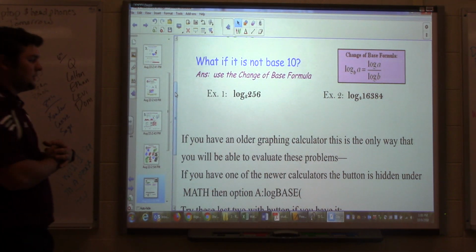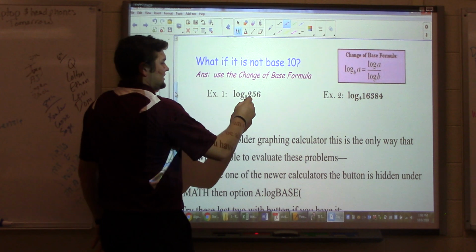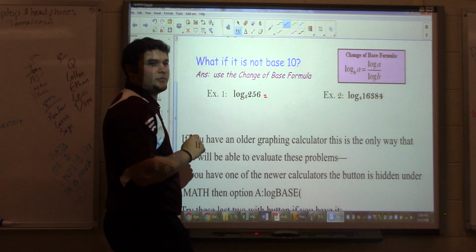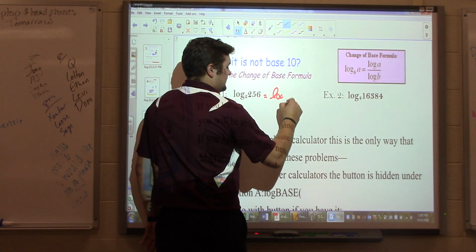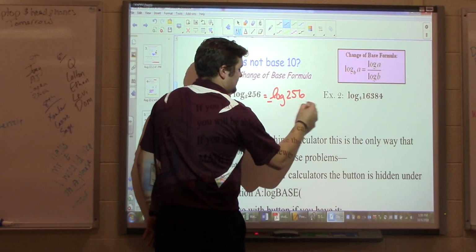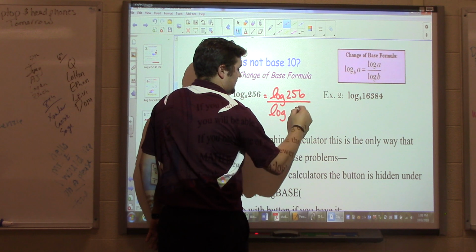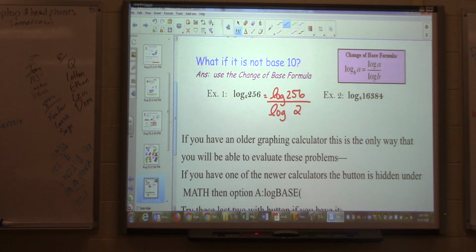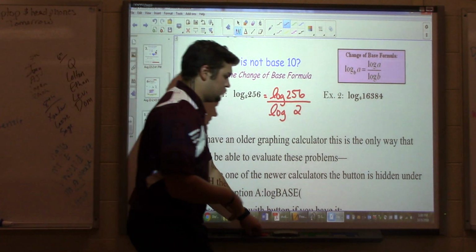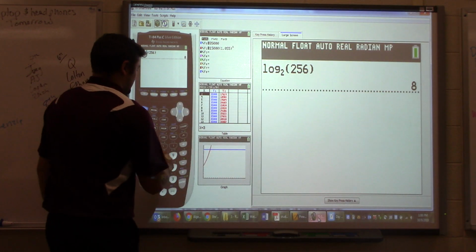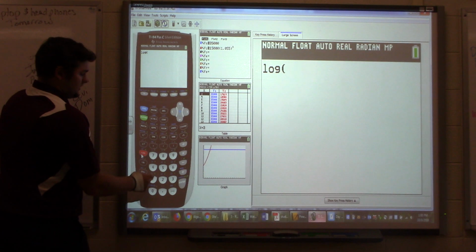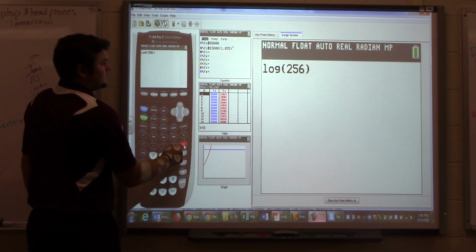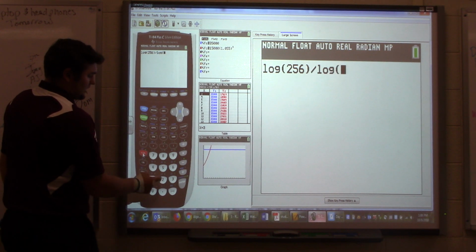Like this first example, log base 2 of 256. I'm going to rewrite that with the change of base formula. It becomes log of 256 over log of 2. Both of those have the common base, base 10. I'm going to go to my calculator: log 256 divided by log 2.